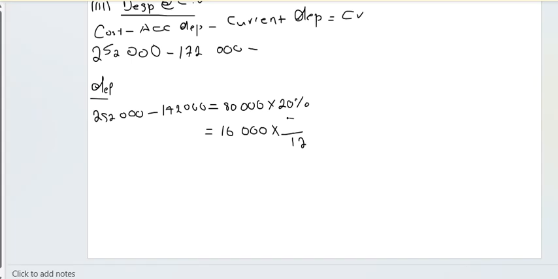So I'm accounting for 9 months, not for 12. So 16,000 times 9 over 12, giving us 12,000.